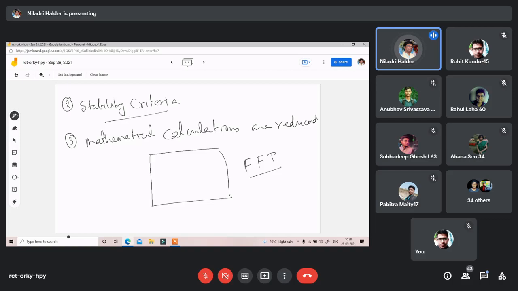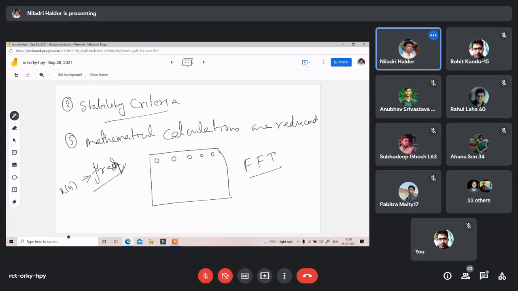But for now, when you convert the time domain sequence into the frequency domain, you get frequency values.